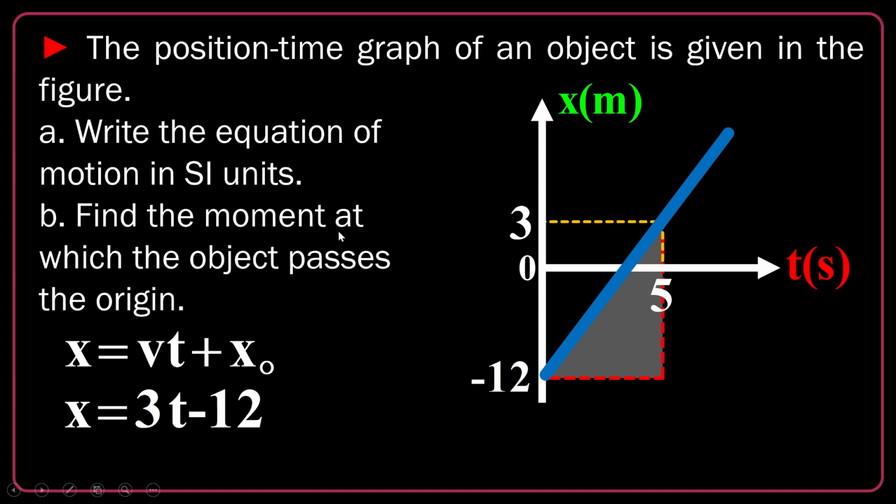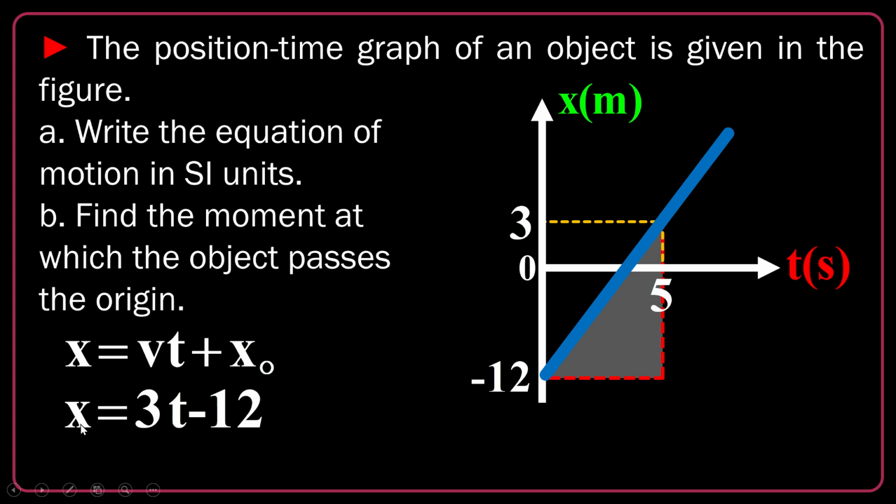Part B, find the moment, the instant at which the object passes through the origin. What does it mean? You know that when the graph will cross the t-axis at this point, basically the x is 0, so the object is passing the origin. To find this point, as the location of the object at this point is 0, so it's very easy.